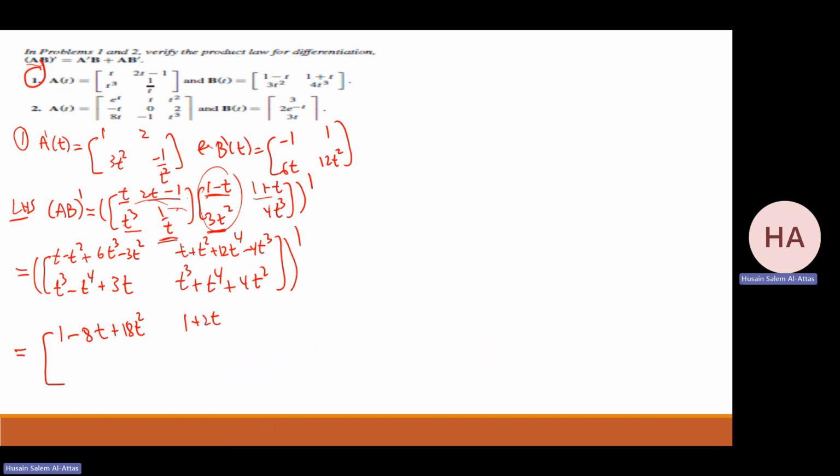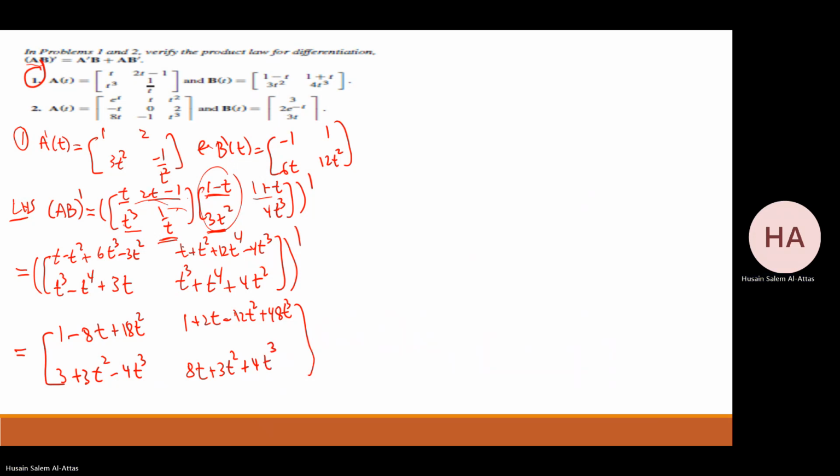I need to make it arranged so that it will be easy for me to follow. Then I have minus 12t squared plus 48t cubed. This one, I have 3 plus 3t squared minus 4t cubed. This one, I have 8t plus 3t squared plus 4t cubed.